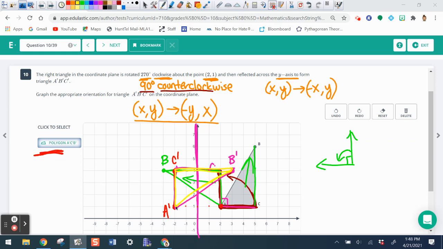Our final image is going to end up here. So I'm going to write those coordinates off to the side just so I make sure I don't mess them up when graphing. So A prime is going to be at (-2, 1). B prime is going to be located at (3, 4). And C prime is going to be located at (-2, 4).